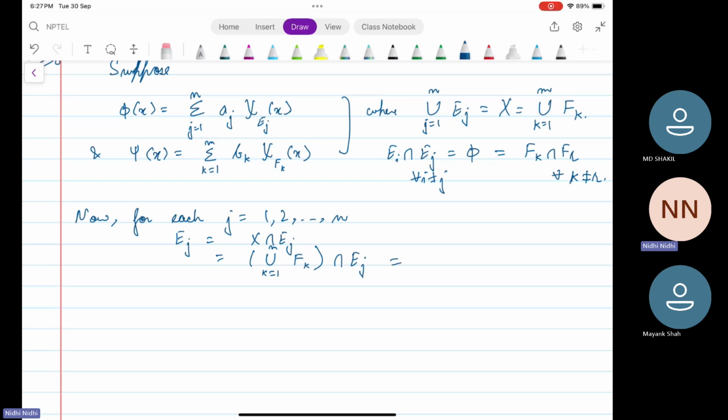I can take the union outside: the union k from 1 to m of F_k intersection E_j.